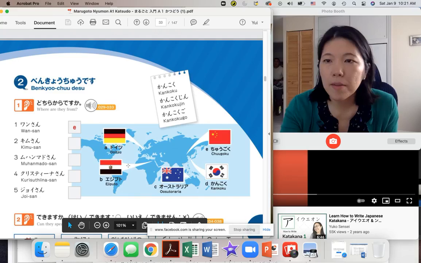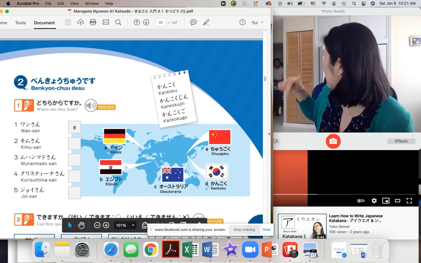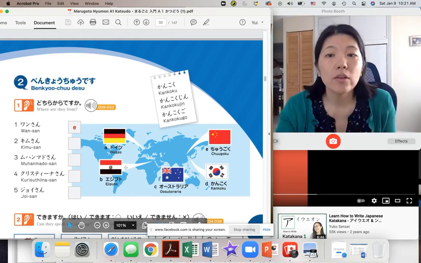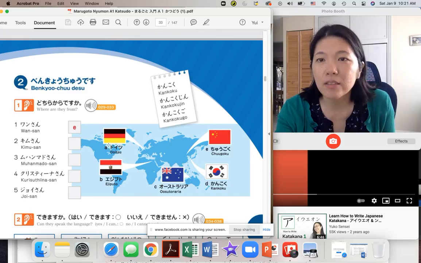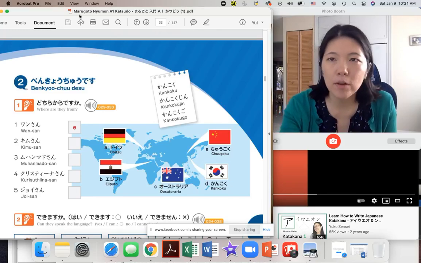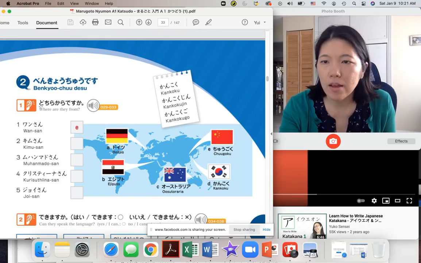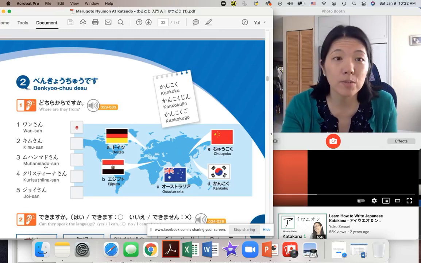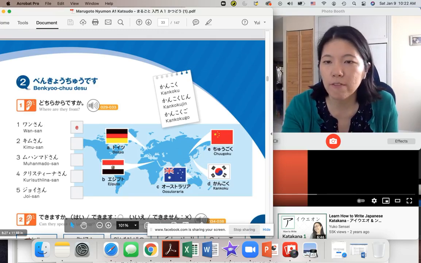So we were looking at lesson 3 of the Marugoto book, and we went through number 2. We looked at 1, 2, 3 last week. So let's do 4 and 5.